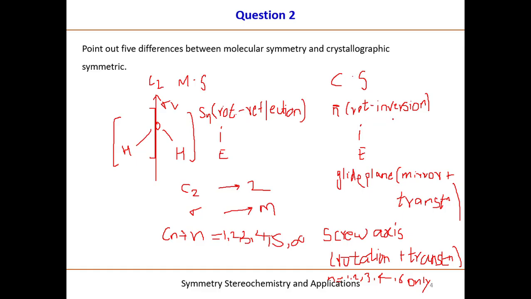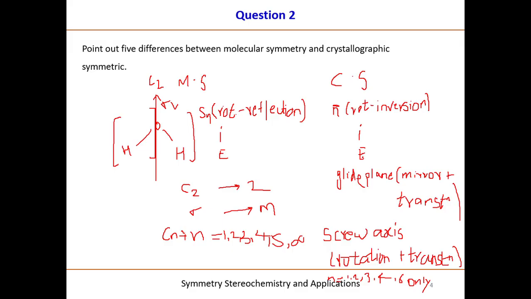In molecular symmetry, I is the inversion center, and in crystallographic symmetry also, I shows the inversion center. Here E is present, that is the identity element, and in this case also E is present as the identity element.